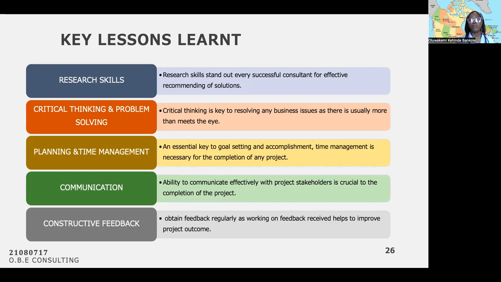Going through this client project helped improve my research skills. It helped me to improve my communication skills, as I had to communicate with colleagues, with my stakeholders, and with people that had knowledge of my research subjects.